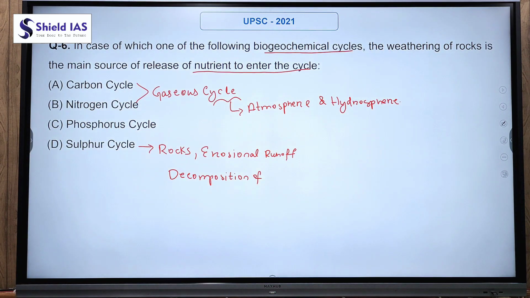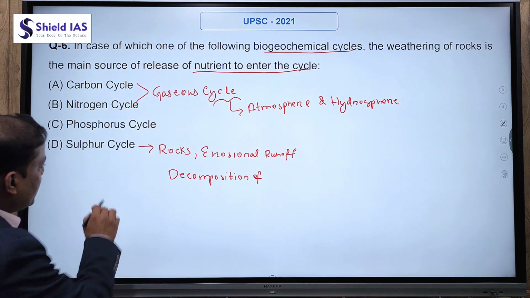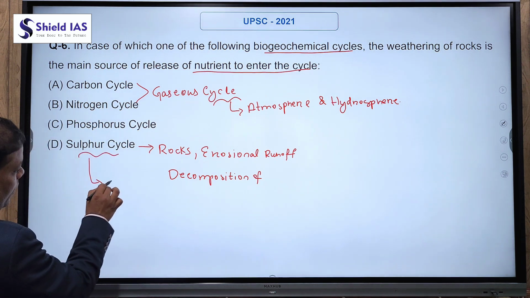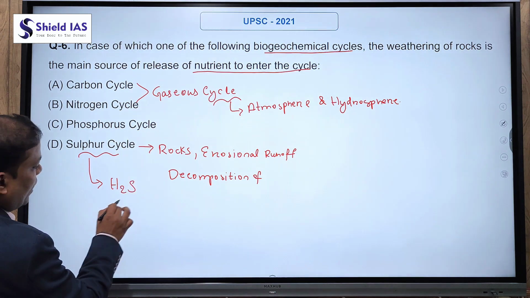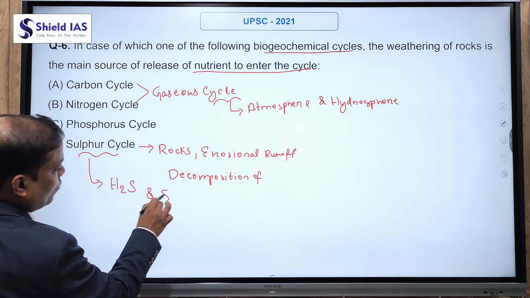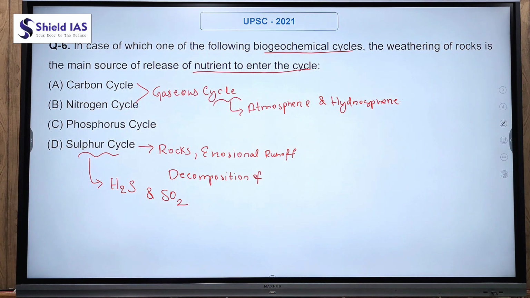So the sulfur cycle is mostly sedimentary, but two of its compounds, that is H2S, hydrogen sulfide, and SO2, sulfur dioxide, are found as gaseous components, and it's a normal sedimentary cycle.